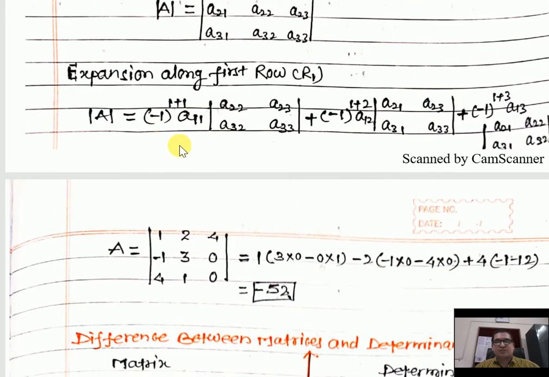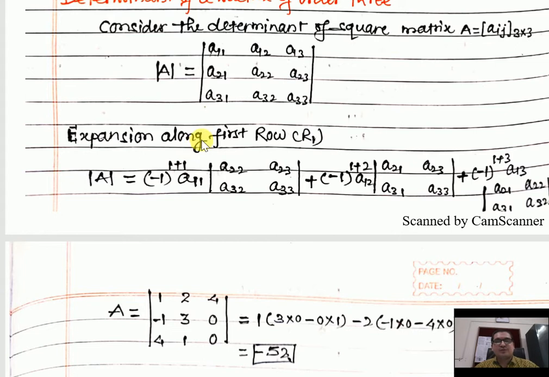I'm going to explain the first row. What will you do? First take minus 1 raised to the power i plus j, for the element a11, where i is 1 and j is 1, so 1 plus 1.